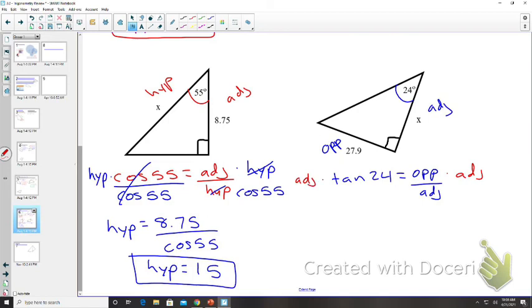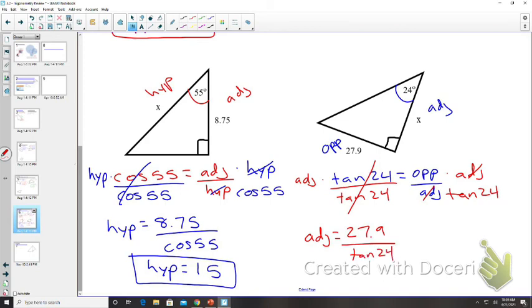12.4, 62, which seems very wrong. It is very wrong. Wait, I had tan 24, divide by tan 24, right? Yeah. So adjacent is equal to opposite, which is 27.9, divided by tan 24.